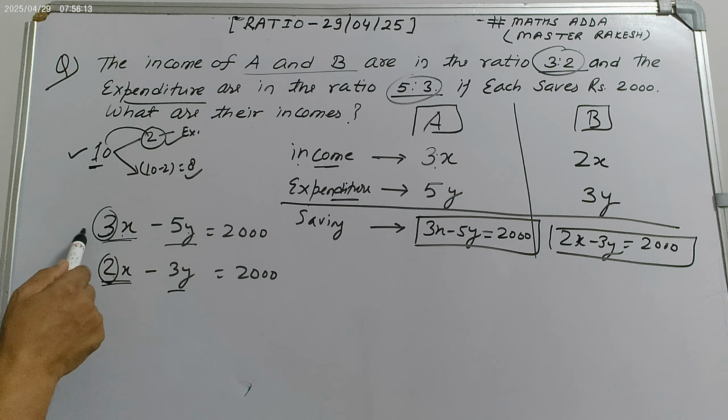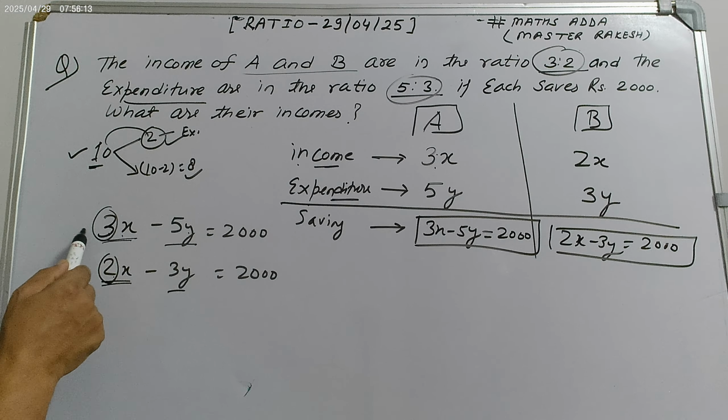You cannot multiply alone with this. You will have to multiply the whole equation. So 2 can multiply with the whole equation, 3 can multiply with the whole equation. This is the distributive property. It multiplies here, here and here.